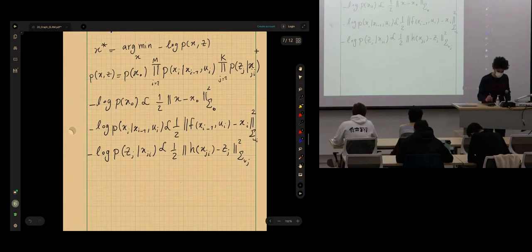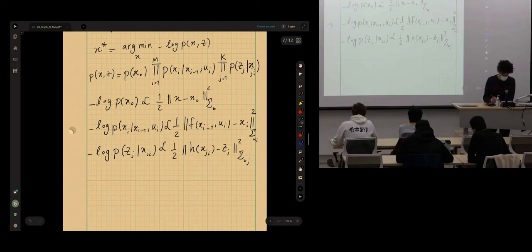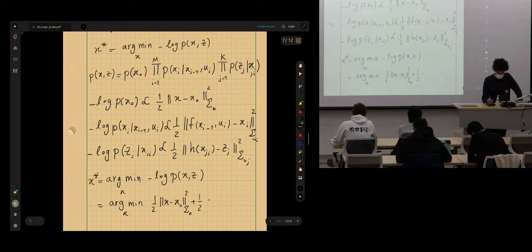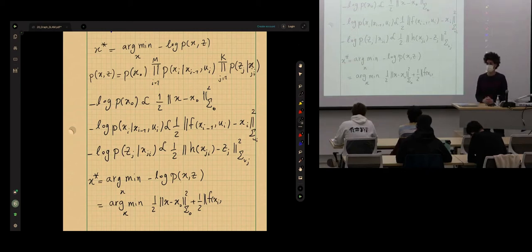And with that we can write down our problem as, again, minimizing the negative log of the joint distribution of all the terms that we calculated, because log of x times y is log of x plus log of y.